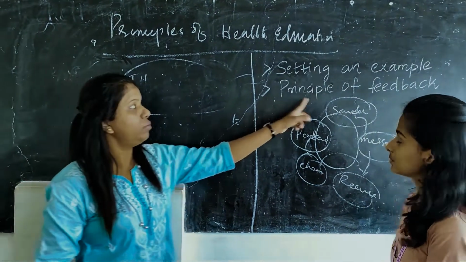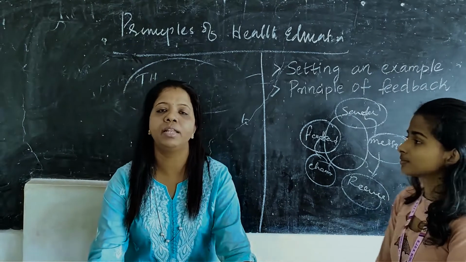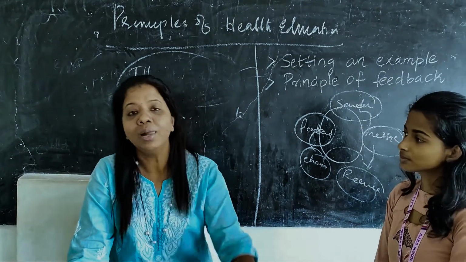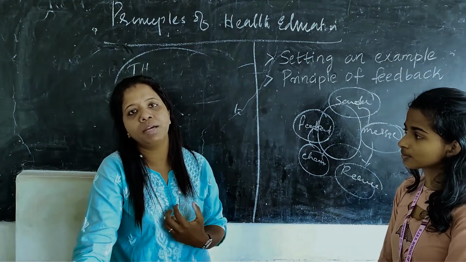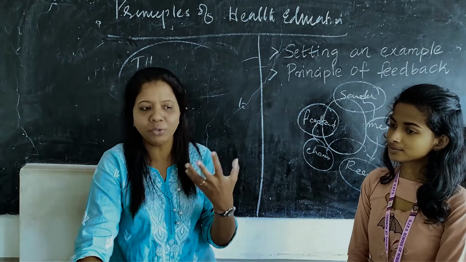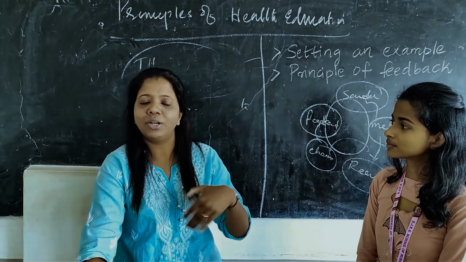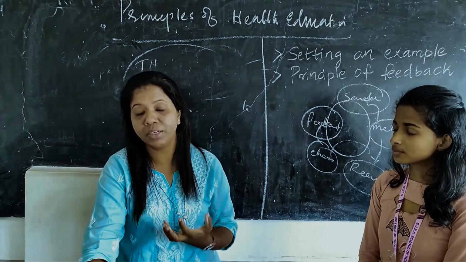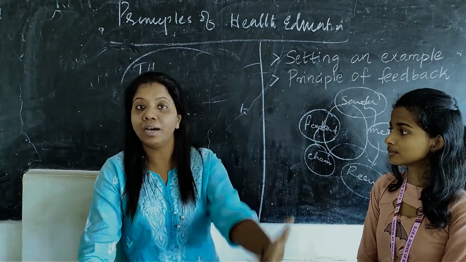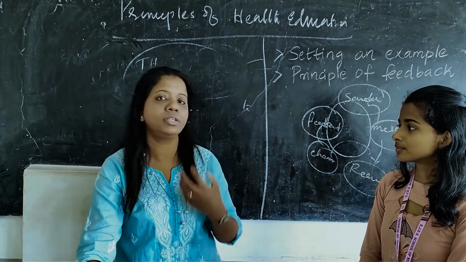When we use this principle of feedback for health education, your health education is going to be very effective, because if you don't entertain feedback from the audience, you may not have the chance to improve. Self-criticism is also important, to know whether the information is credible or not, whether they are understanding the session or not.